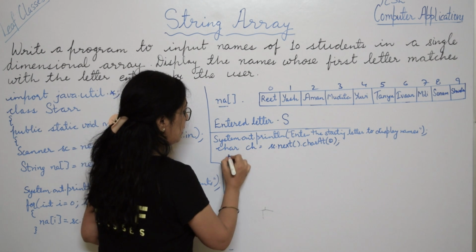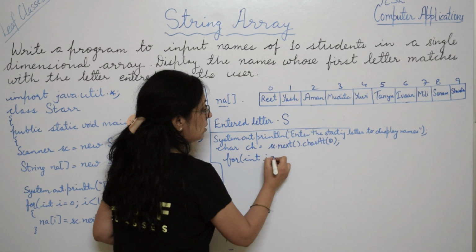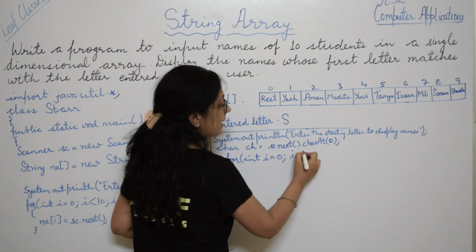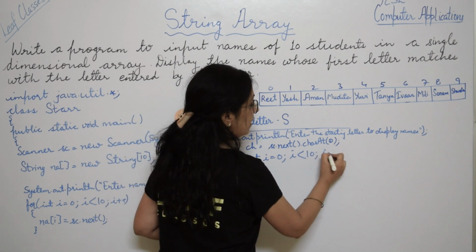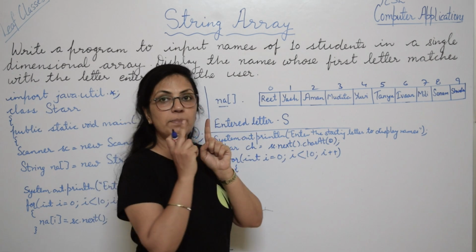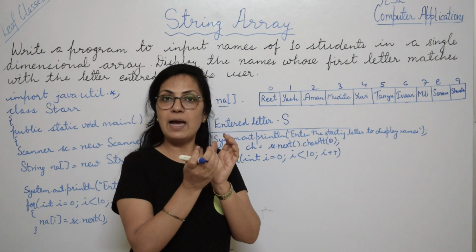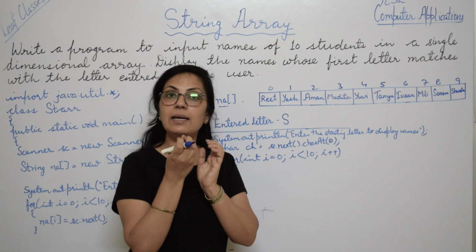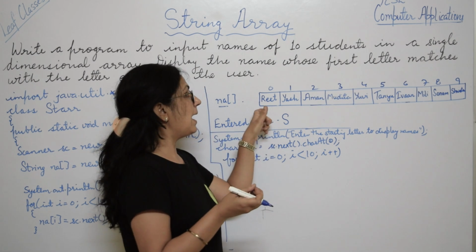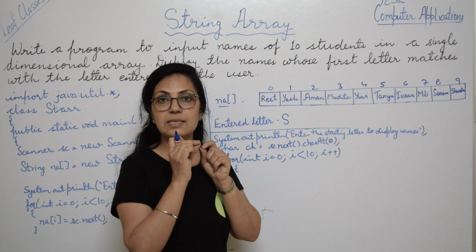So we will be taking the loop here again, for int i = 0, i < 10, i++. Now here how we have to do? From the first array element, we have to extract the character at the 0th index number.